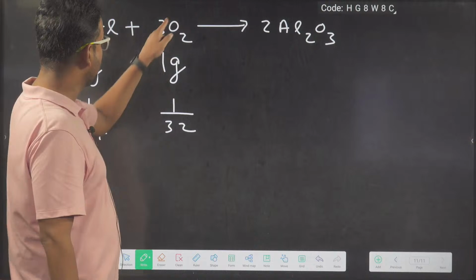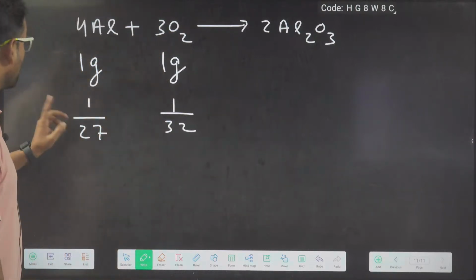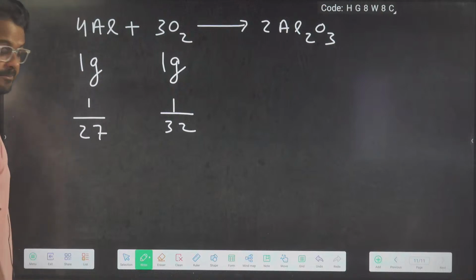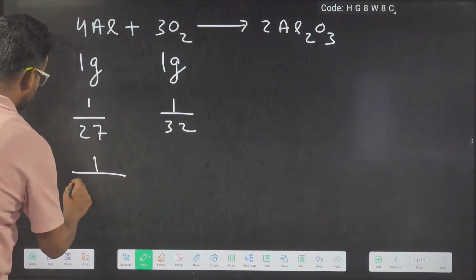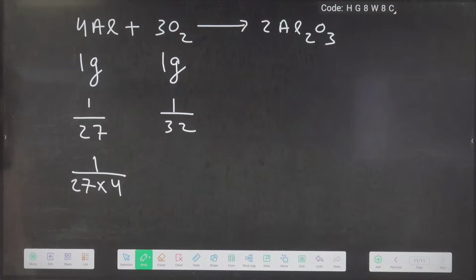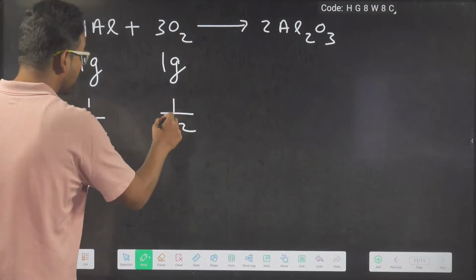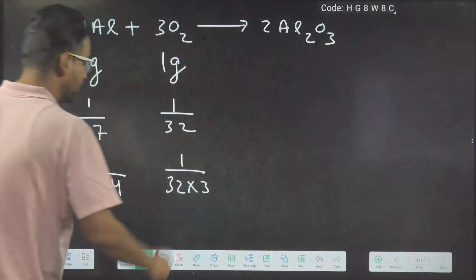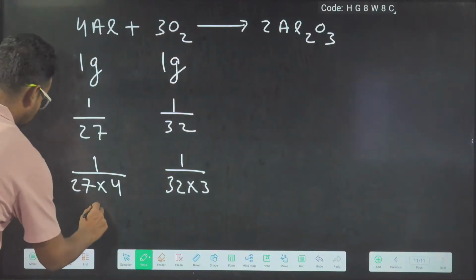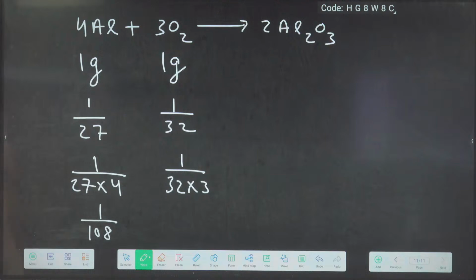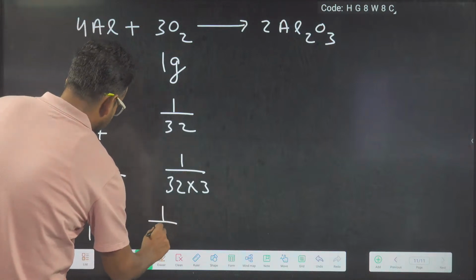Now you go for the fraction: moles of A upon A, so 1 upon 27 into 4, and moles of B upon B, 1 upon 32 into 3. So this is 1 upon 108, 27 into 4, and this is 1 upon 96.